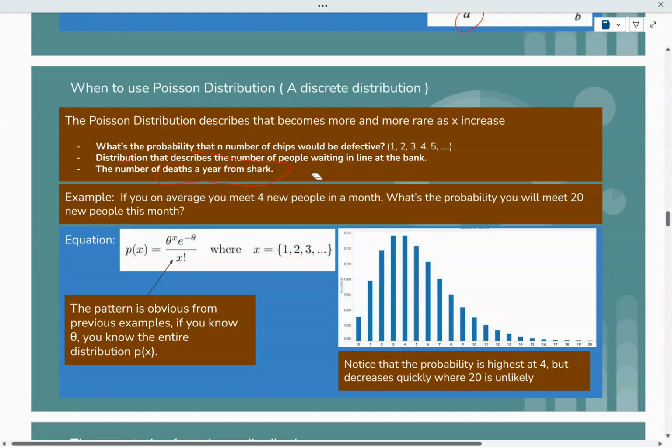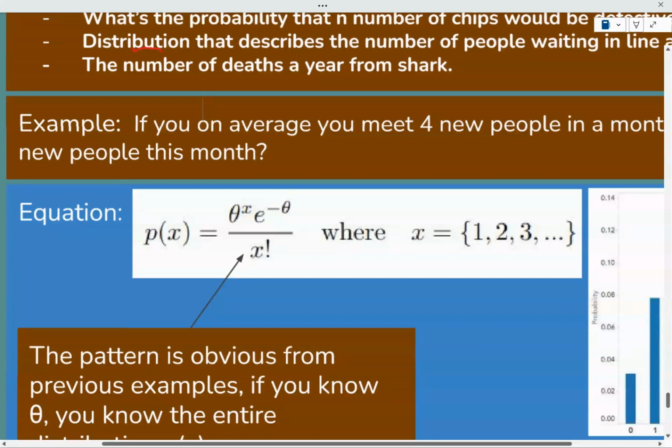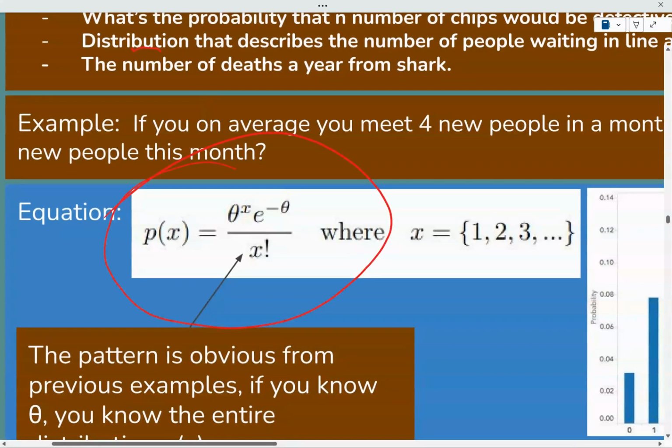Okay, so a Poisson distribution, the equation looks like this: theta to the x, e to the minus theta, over x factorial. So just like a bunch of other distributions we learned, if you know the theta value, you can plug the theta in and you have the whole equation. So the question now is, what is the theta value?